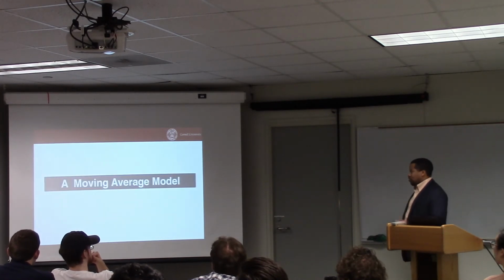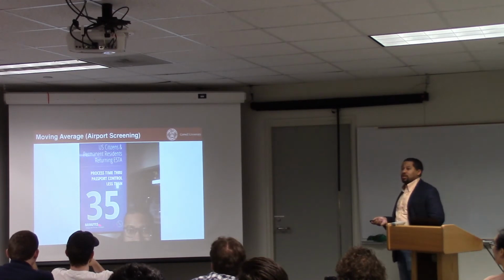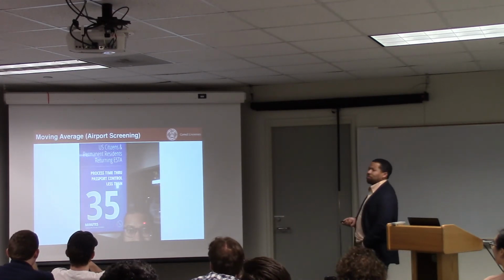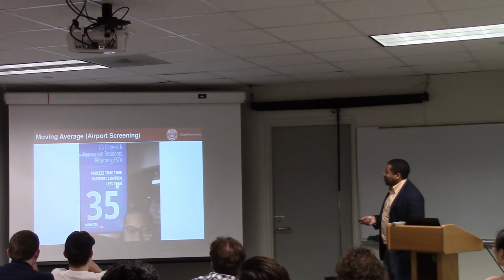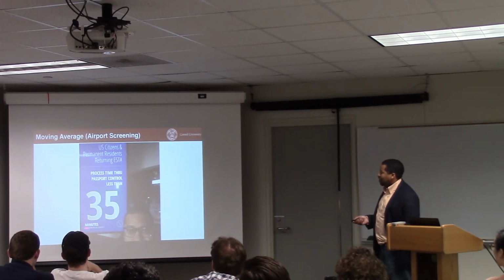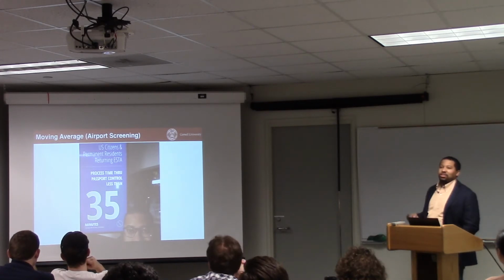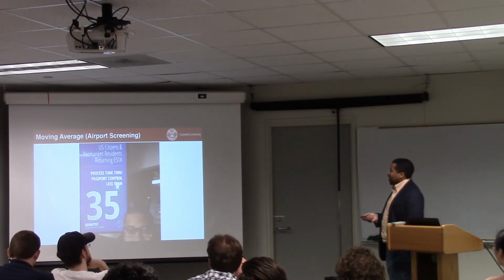So there's another model that we can use. This is me at the airport in Tel Aviv. If you read the fine print of the sign, they tell you that they're using a moving average of 10 minutes to tell you the waiting time.